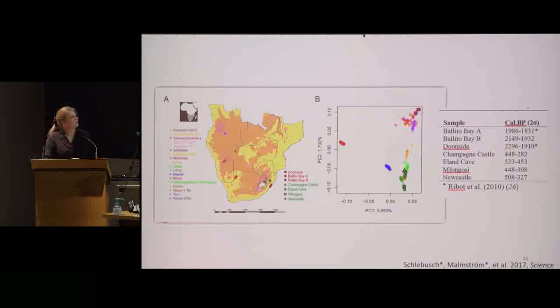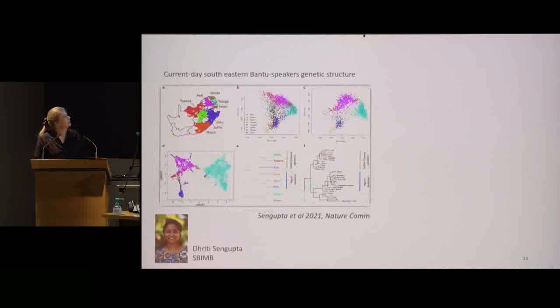And these light green dots are modern-day Southern African Bantu speakers. But here they look quite homogeneous. We also did a further study, concentrating on Southern African Bantu speakers to see whether we see population structure between the different Bantu speaker groups in South Africa. And we actually saw very nice population structure.